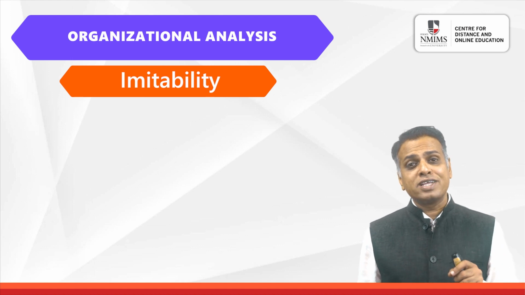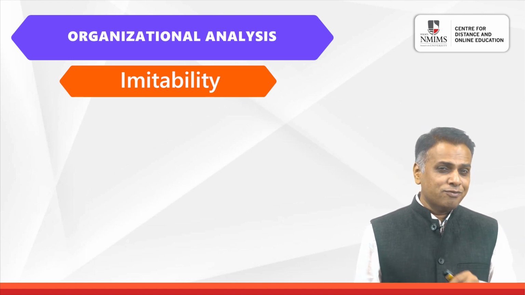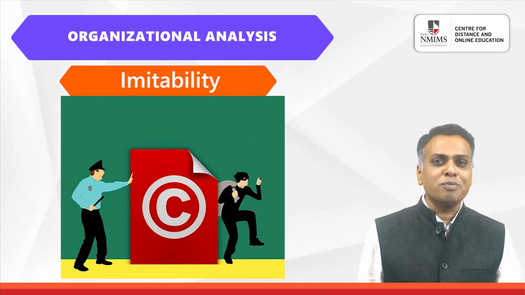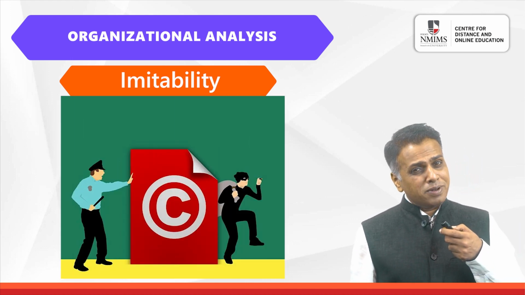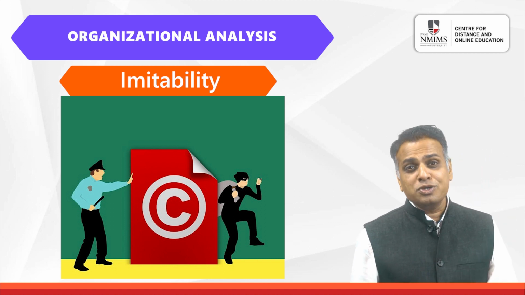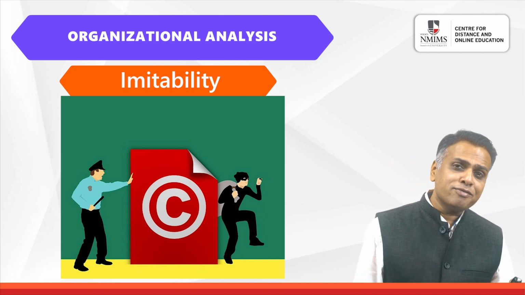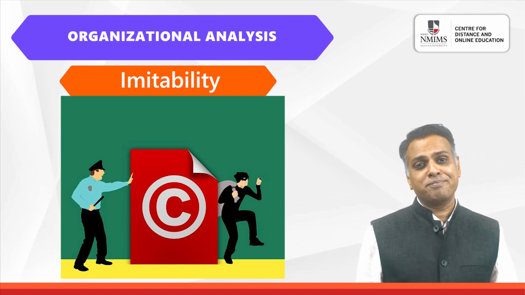So, you have to think from another perspective: can I create something which competitors cannot copy, where you can apply the concept of patent and copyright so that you enjoy the benefit of being unique in the market for the longest period of time.